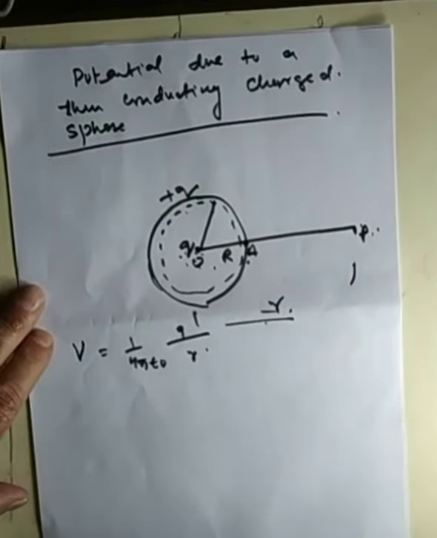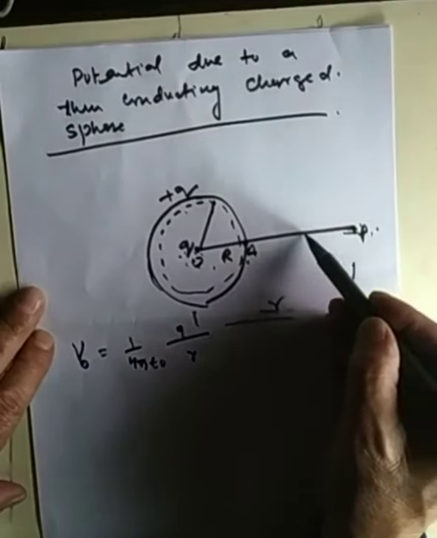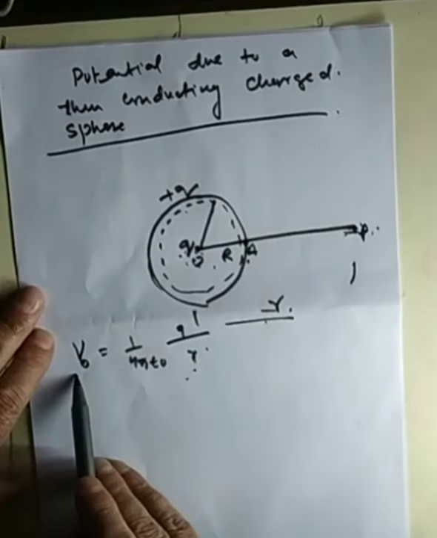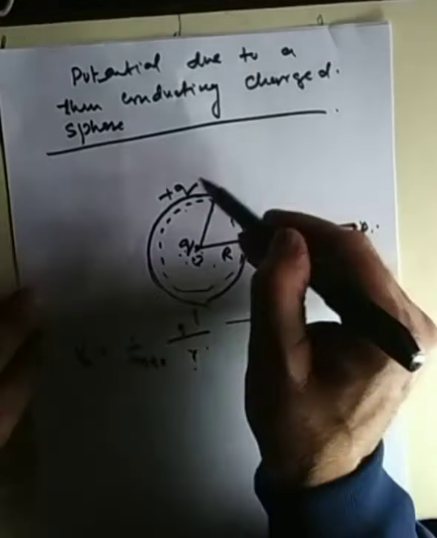Now, this is outside. If we decrease this distance and bring this point closer and closer, this r will go on decreasing and the potential will go on increasing. Finally, we will reach a point on the sphere.